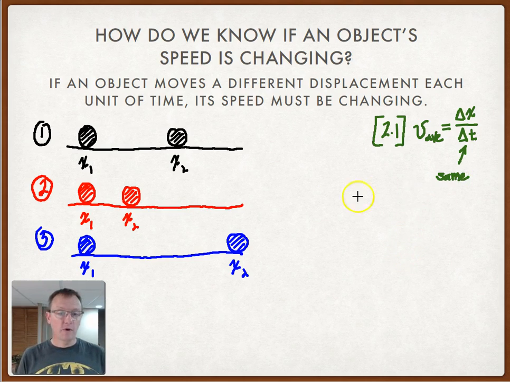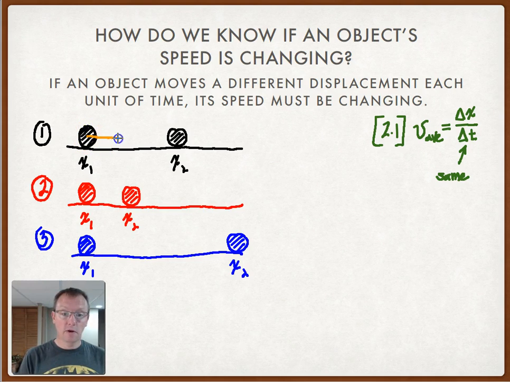So don't forget that. My next question for you is, if I'm going to calculate the speeds here, I have to be able to figure out the displacements. And as you recall, the displacement is just the delta x. It's the change in the x position right here.